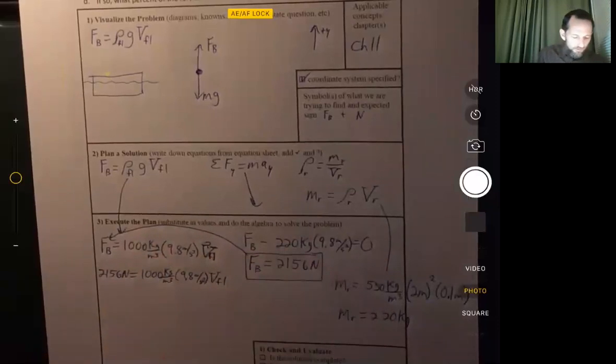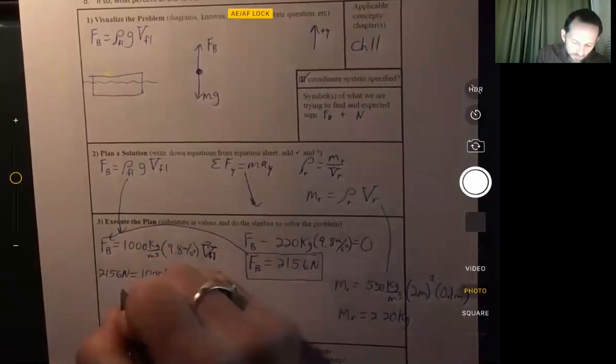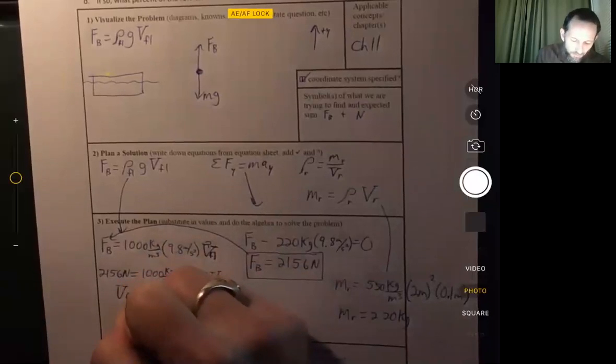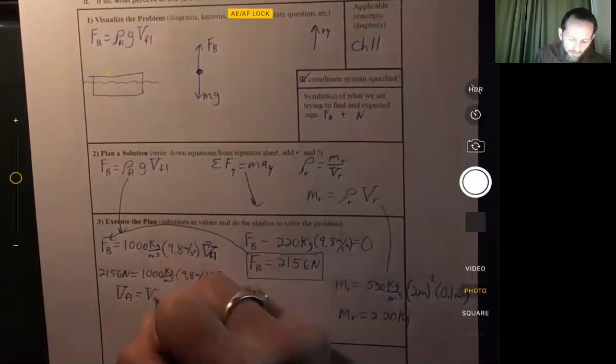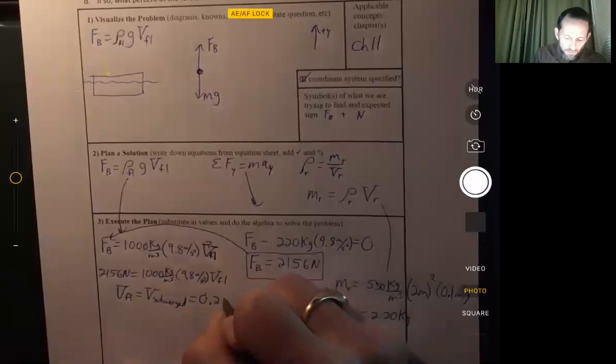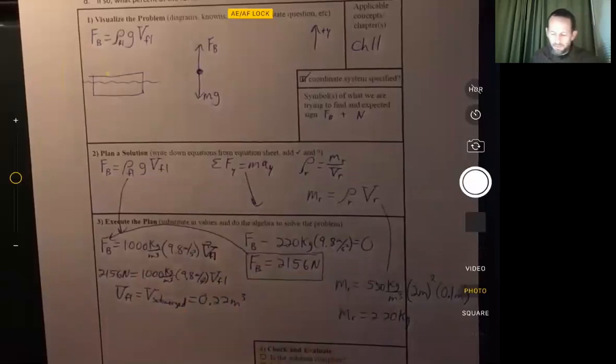We can easily solve this by dividing by 1,000 and dividing by 9.8. And so the volume of the fluid, which equals the volume submerged, is 0.22 cubic meters.